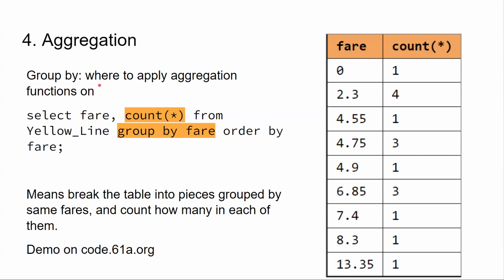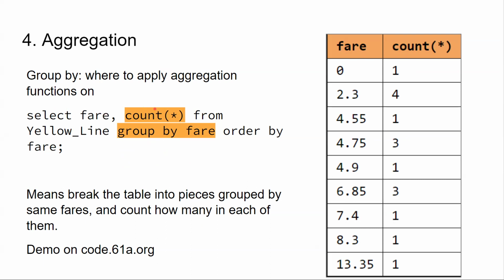Group by is where to apply aggregation functions. When you are going to do an aggregation function, you have to use group by. Group by is more like clustering, more like analysis.